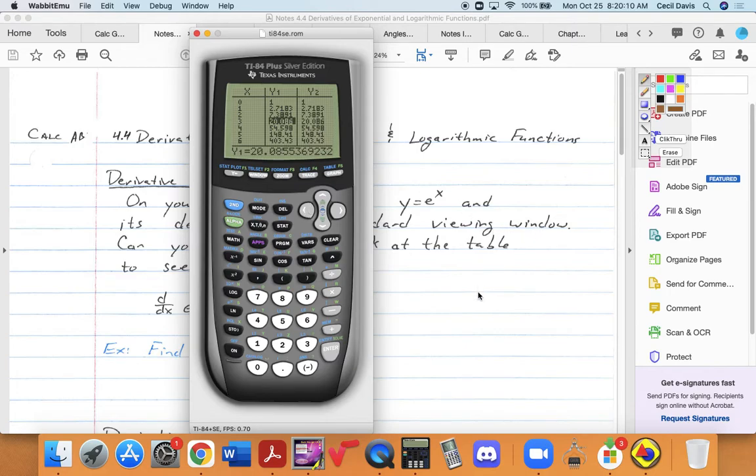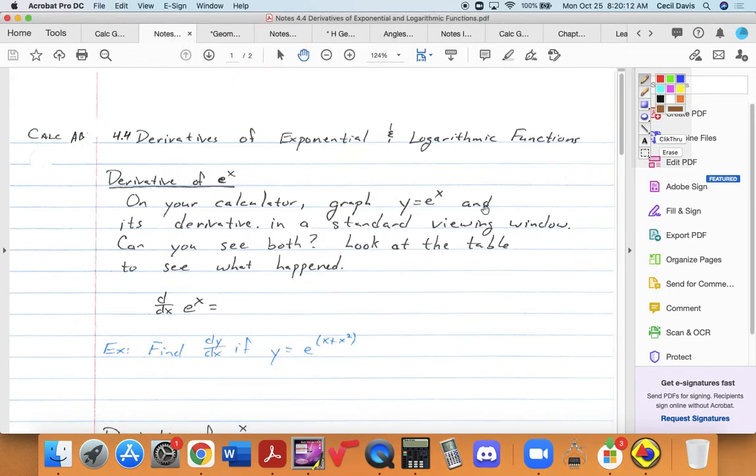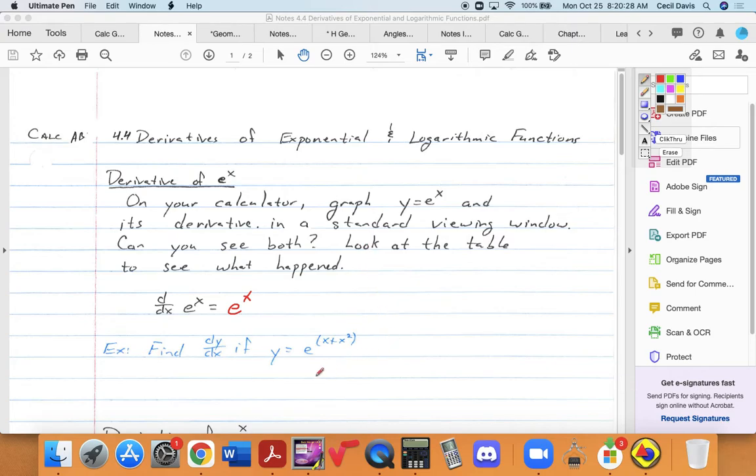So, all that said, the derivative of e to the x is e to the x. The simplest derivative you will ever learn. Watch as he makes it complicated. So let's take the derivative of e to the x plus x squared.